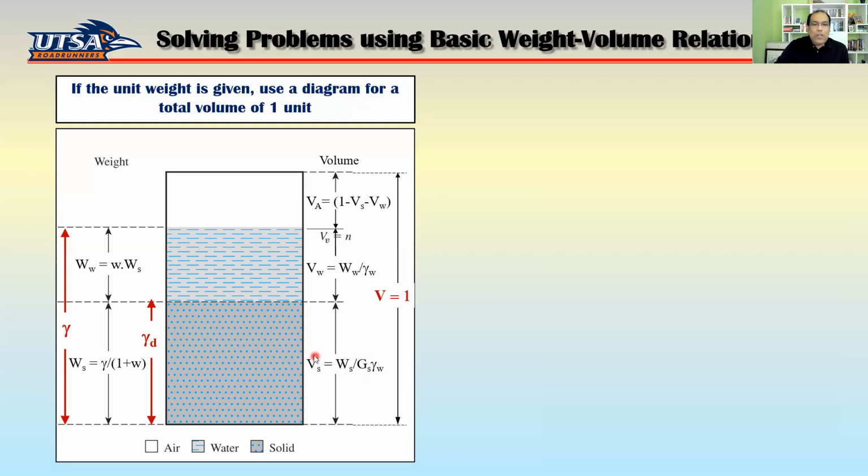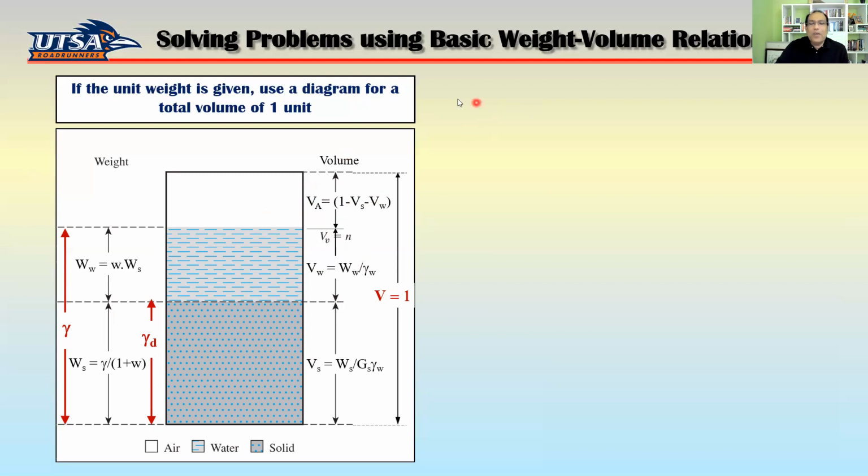And once you know the volume of solid and volume of water, you can find the volume of air by subtracting from one unit: 1 minus VW minus VS, that's your VA. Once you know all those 5 parameters, you can answer all the questions there.